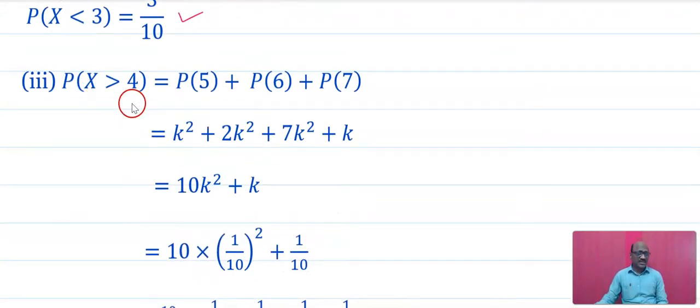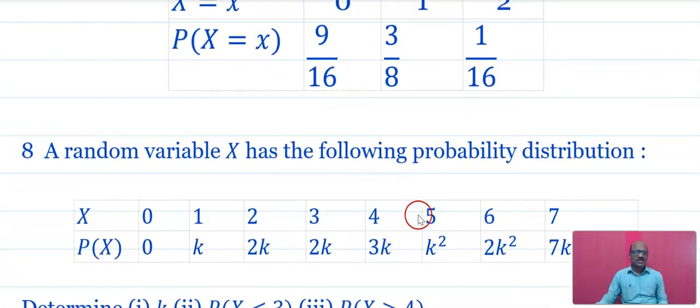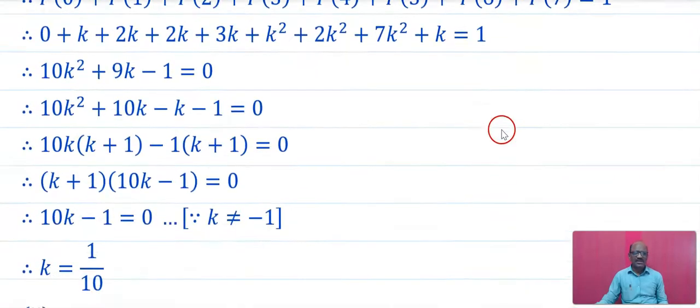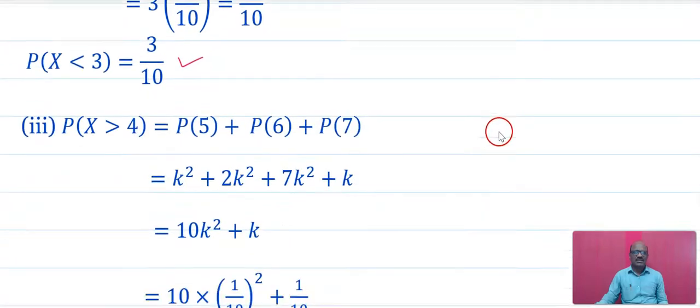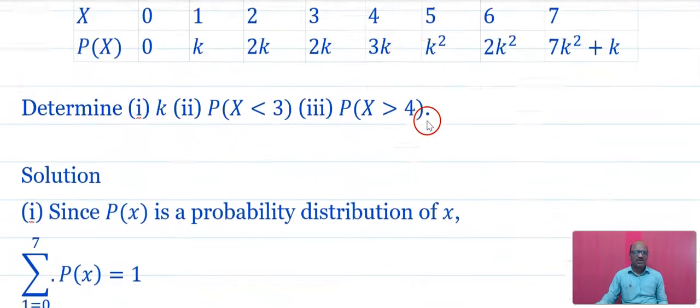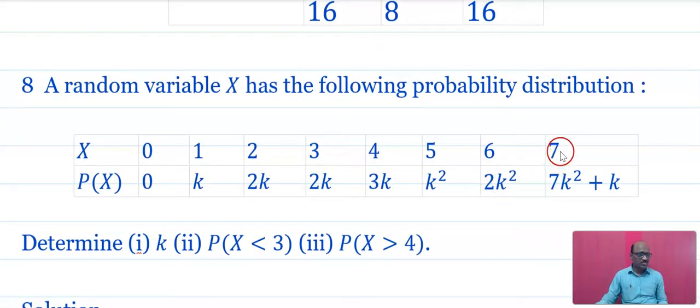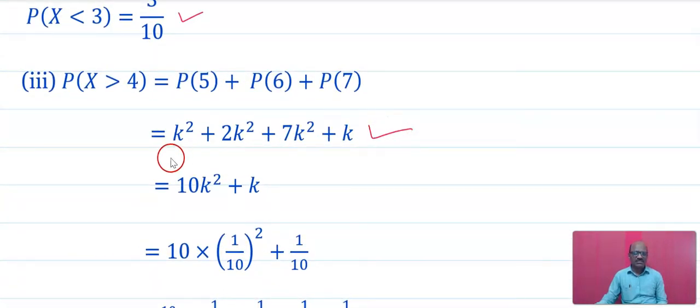Next, P of capital X greater than 4. Then what are the probabilities? That is P of 5 plus P of 6 plus P of 7, and their respective probabilities. What is P of 5? Here, P of 5 is k square. P of 6 is 2k square, and P of 7 is 7k square plus k.